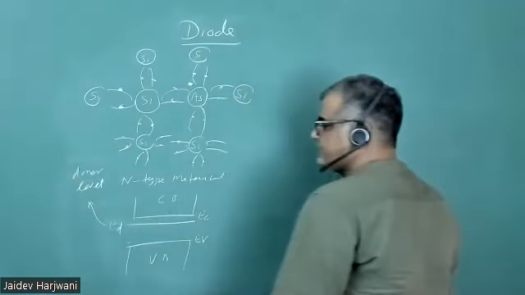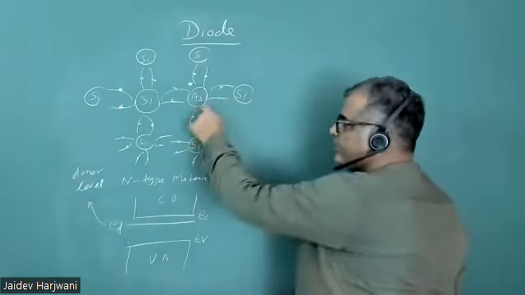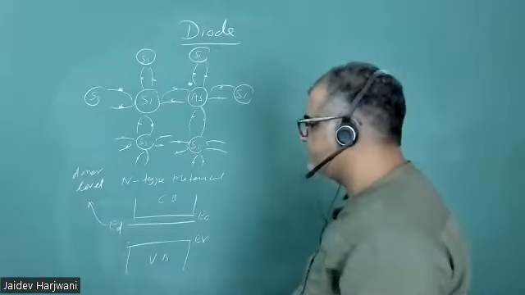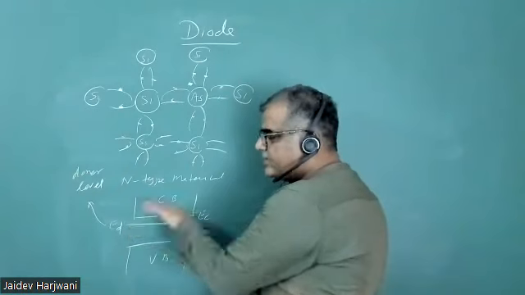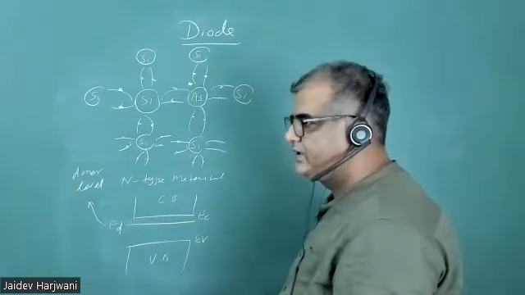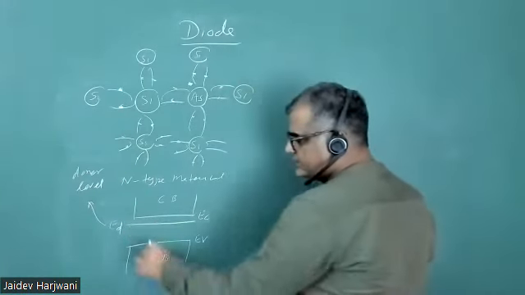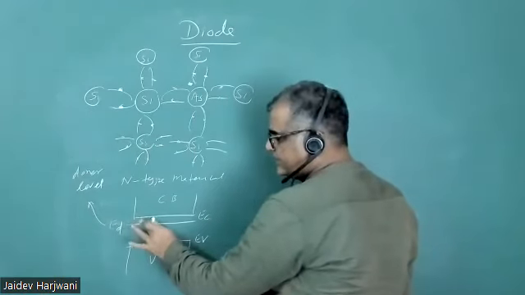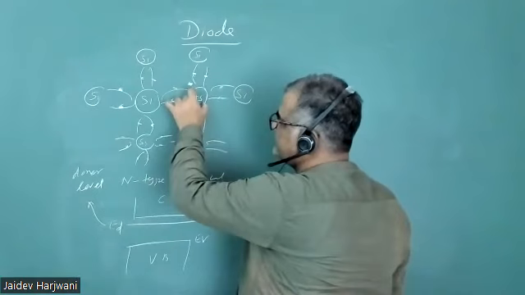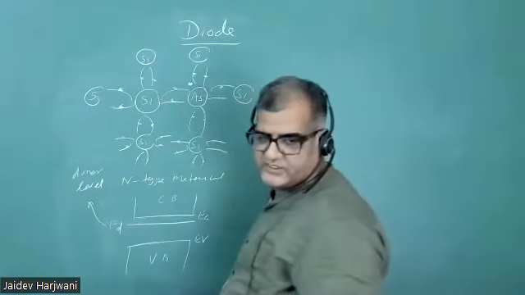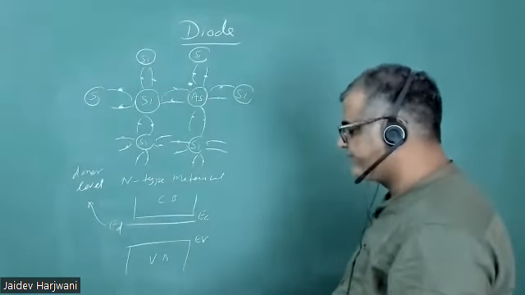I'm saying the impurity you have introduced in the crystal has an energy near the conduction band. So I call this the donor level, because this electron is given to the system, so this is a donor.